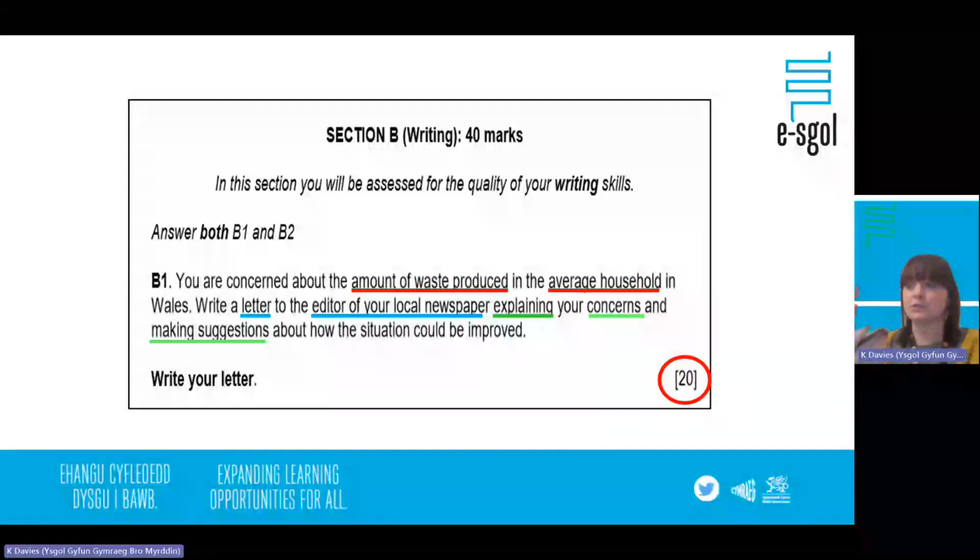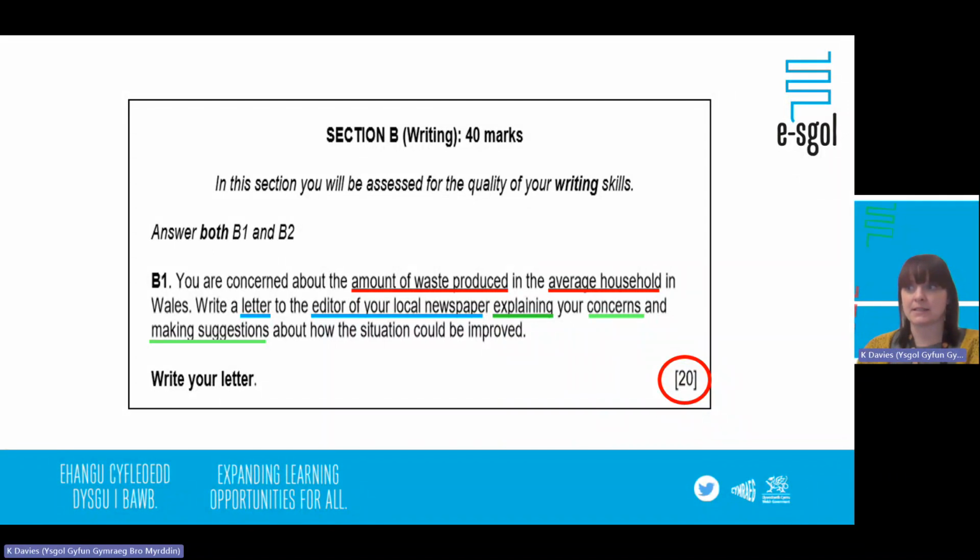So, for example, you could say something like, we need to tackle waste. It costs the average household £270 a year, and this is a huge waste of our money. So you're bringing in that £270 a year, just bringing in some of the facts and figures that you've read in your resource material.